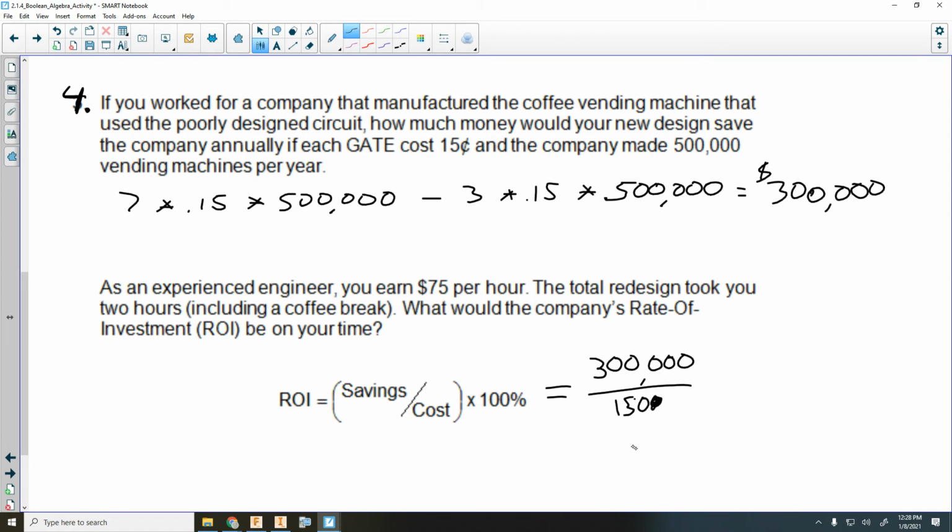Whoops, not 1,500, but 150. And that didn't even take us 2 hours to do. Although you might have to redraw the circuit and make up the schematic and something like that. So there would be a few additional steps in making sure this is ready to go to production. So what's your return on investment times 100%?